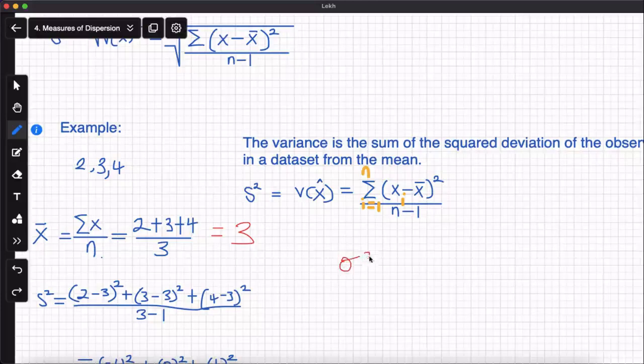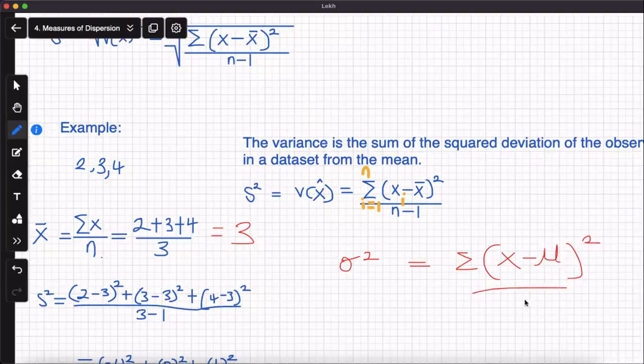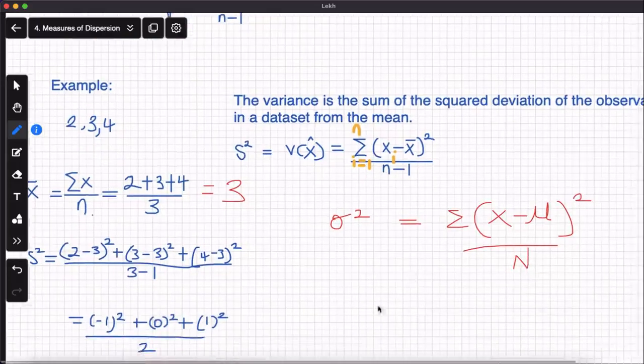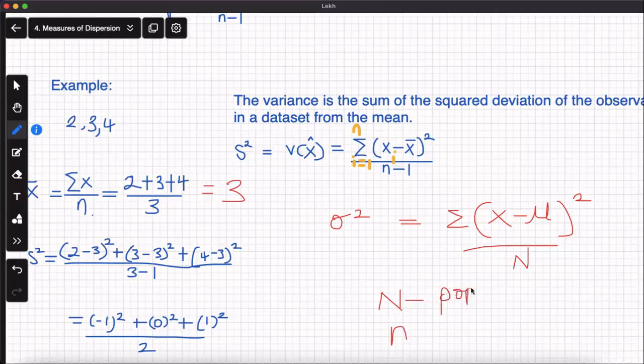We represent that by sigma squared, and it is defined as the sum of x minus mu, squared, divided by capital N. Capital N is your population size, and small letter n is your sample size.